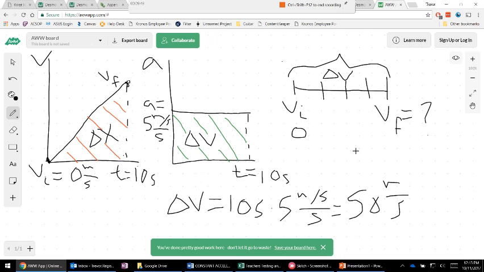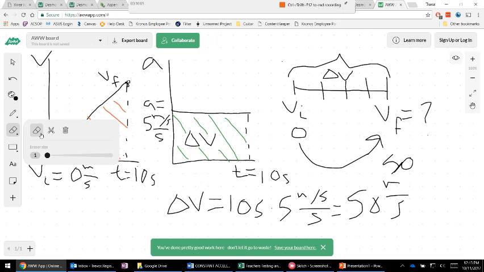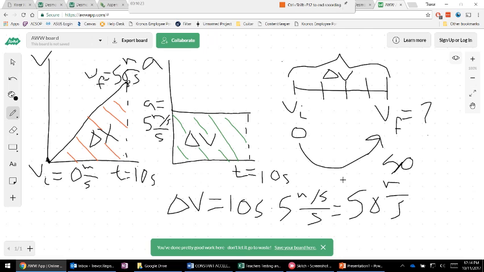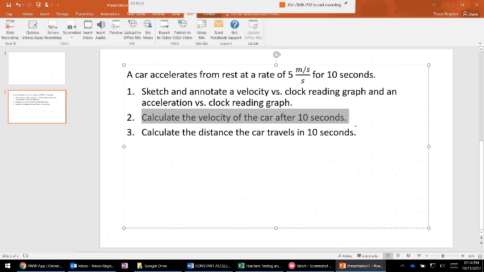That tells me that this delta V, from VI to VF, is a change of 50. So 0 plus 50 equals 50. So VF equals 50. There's the velocity of the car after 10 seconds.